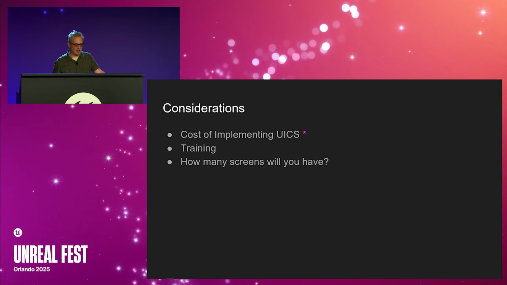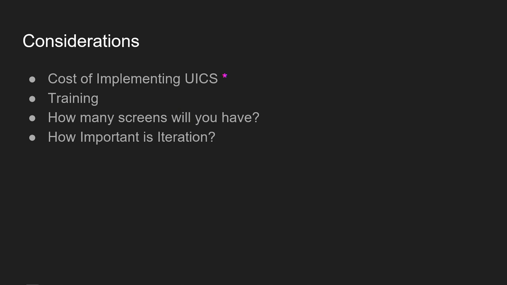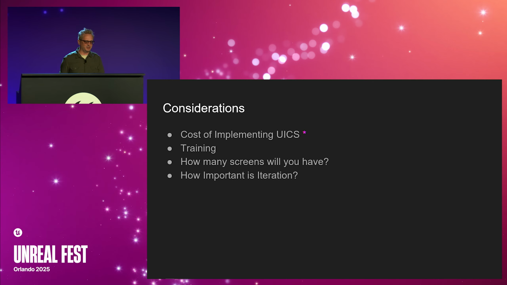How many screens will it have? Does it make sense to do it? And lastly, how important is iteration? If you're on a project where there isn't a whole lot of iteration required because you know more about what you're making, that's something to consider. With all of this being said, don't forget all the good stuff that I said in the last slide when making these considerations. And while I put the word cost up here for cost of implementation, think of it more as an investment.